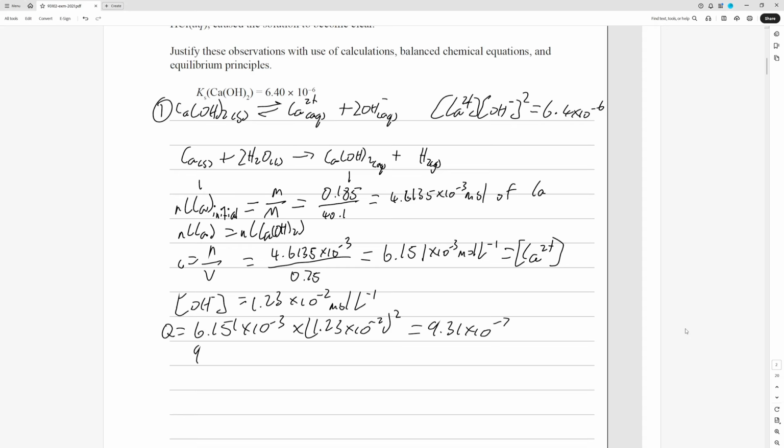Now, 9.31 times 10 to the power of negative 7 is less than 6.4 times 10 to the power of negative 6. So therefore, we don't actually get any precipitate formed, since it hasn't reached a fully saturated solution. And once the solution at this volume of water can't take on any more of the calcium hydroxide, we're going to start seeing the calcium hydroxide precipitating out. So we can just say, therefore, there's going to be no precipitate formed.